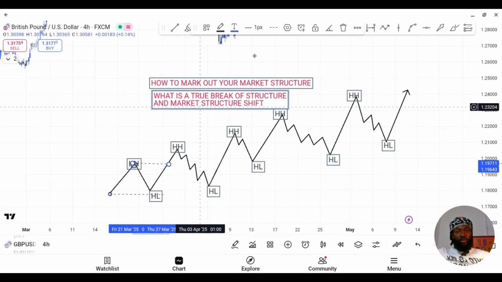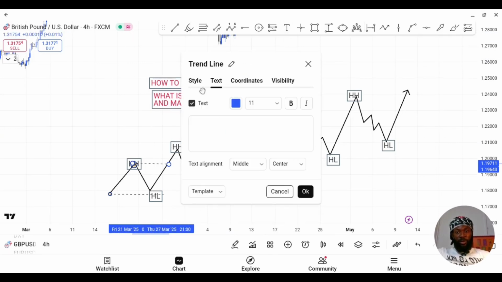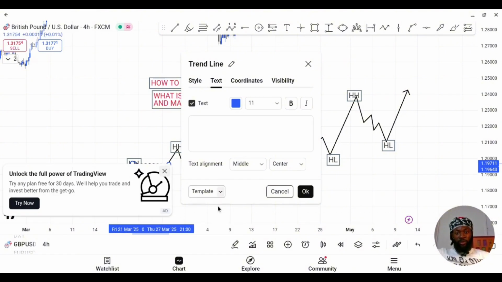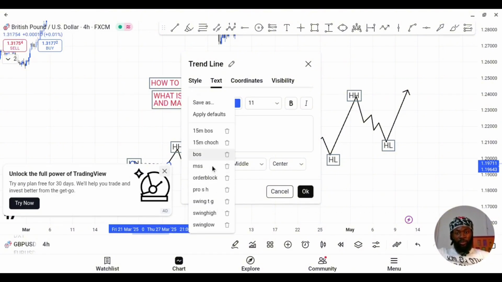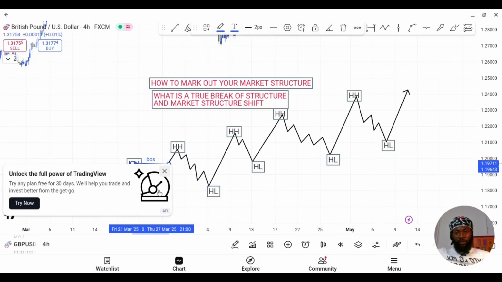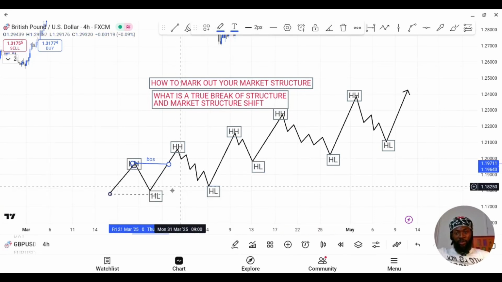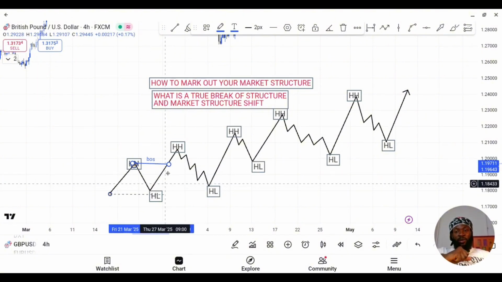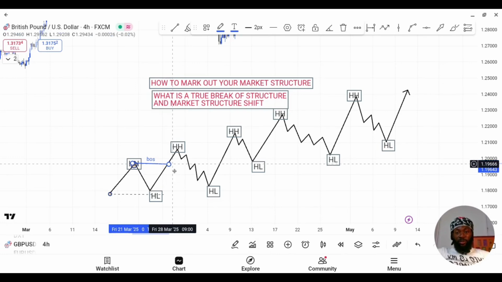We have our break of structure here, which is the BOS. Now the market has given us a break of structure, and we are fully aware that we are trading upward, right?